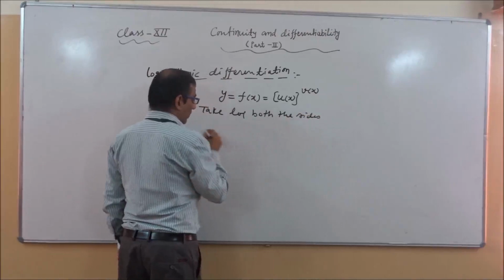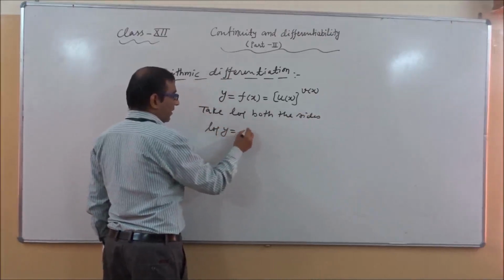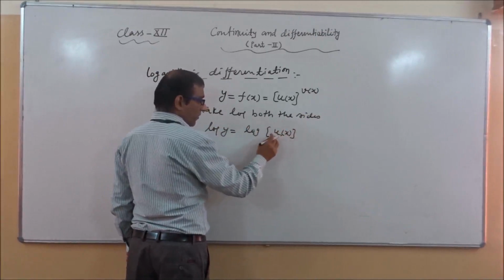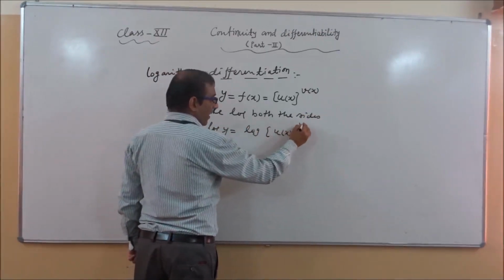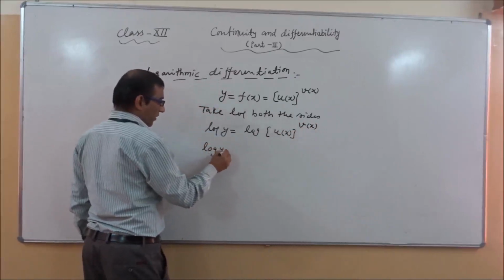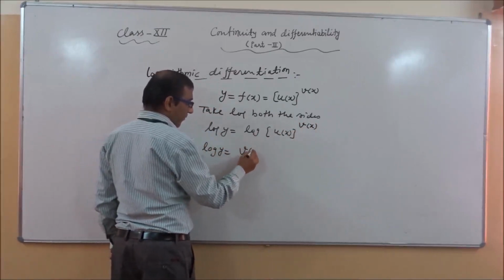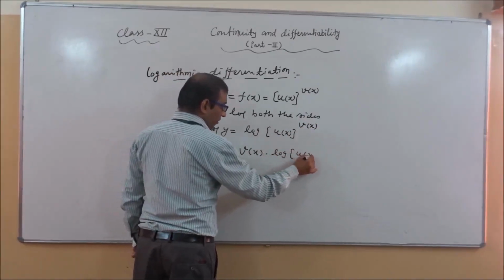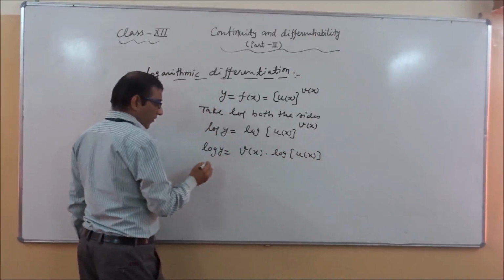After taking log on both sides, it can be written as log of u x. It means u is a function of x and v is a function of x. So as per the property of logarithm, it can be written as v into log u, where u is a function of x. Now we will differentiate both sides.